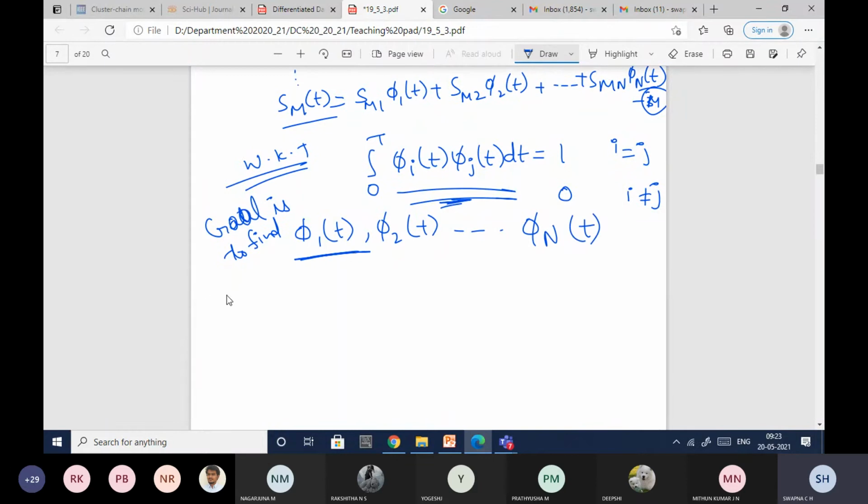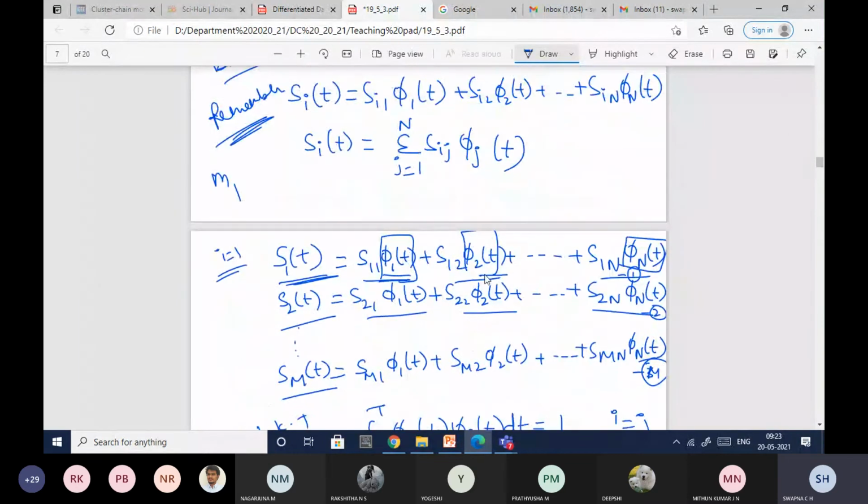In order to find phi 1 of t, I'll take the first step. Step 1, to find phi 1 of t. What I need to do is set all the coefficients to 0. What are the coefficients? Here I have S11, S12, so on, S1n as the coefficients.